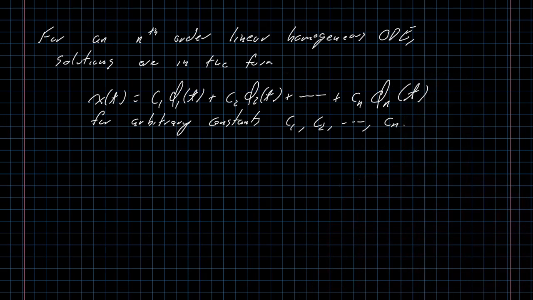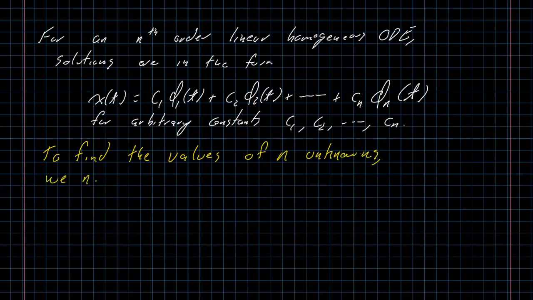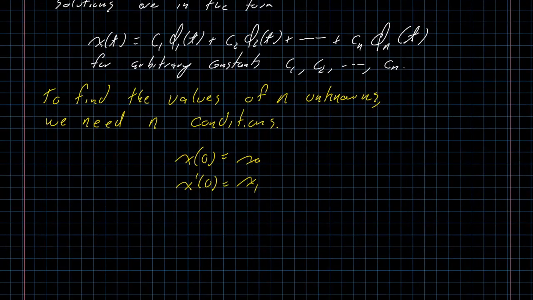All right, to get the values of n unknowns, we need n conditions. x of 0 is equal to some x naught. x prime of 0 is equal to some x1.